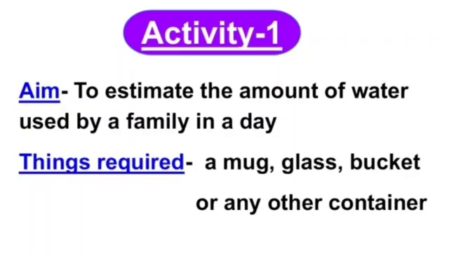We know that we need water to do various activities, but now we estimate the amount of water used by our family in a day, and things required are a mug, glass, bucket or any other container. Means you can use a mug, glass, bucket or any container to measure the amount of water used.